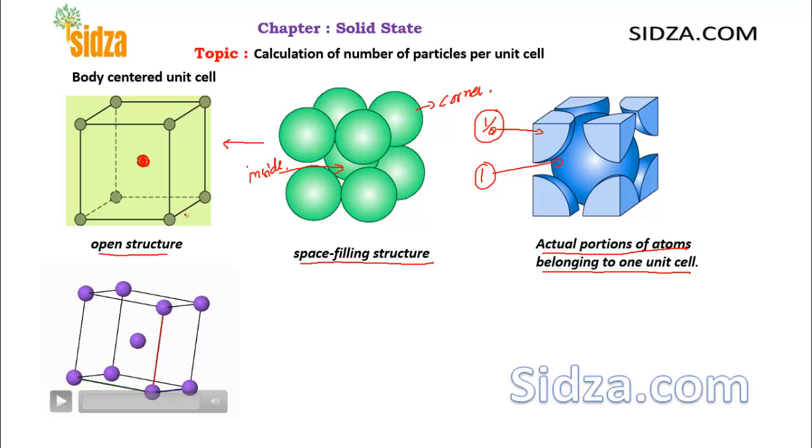In the open structure here, you can see a lot of space between the atoms, which is actually kind of an exaggeration for the sake of understanding, because otherwise we will not be able to see this particular atom. We can't see this atom here in the space filling. Okay, so this is for the sake of understanding.